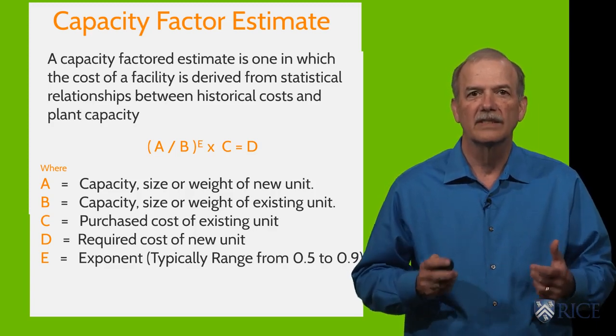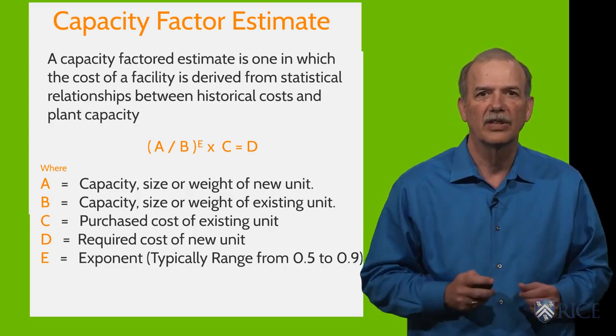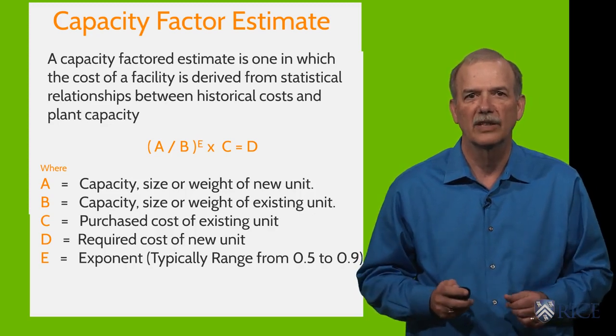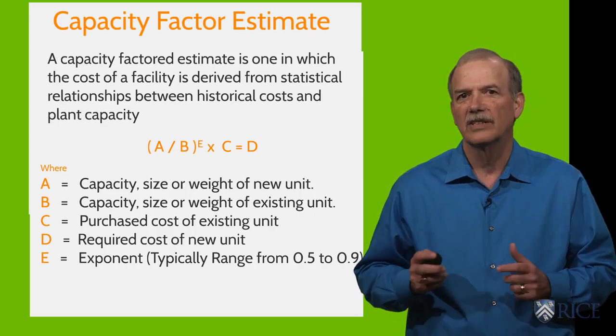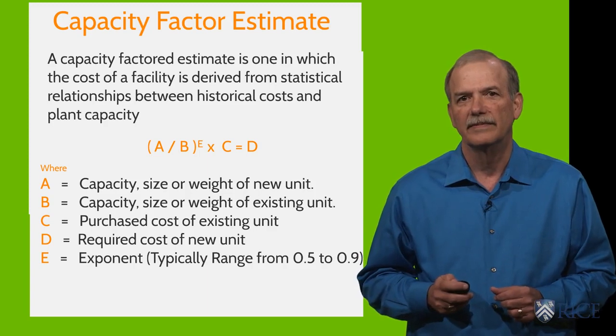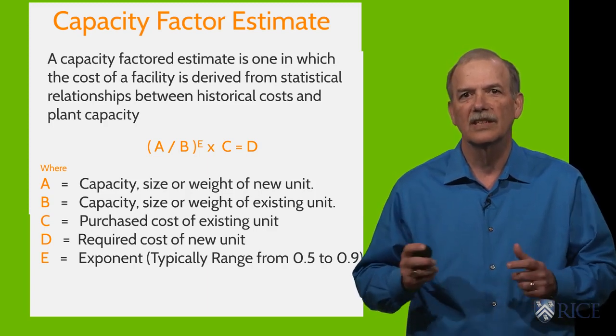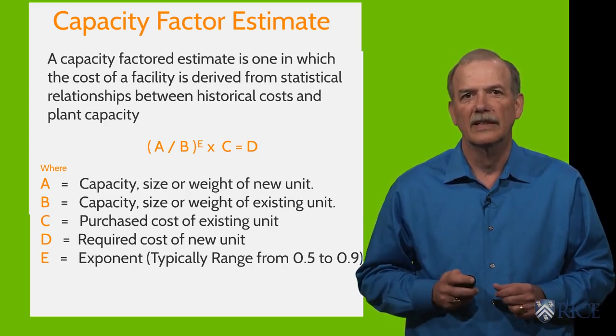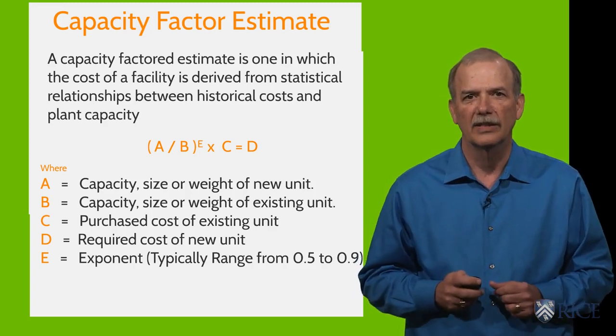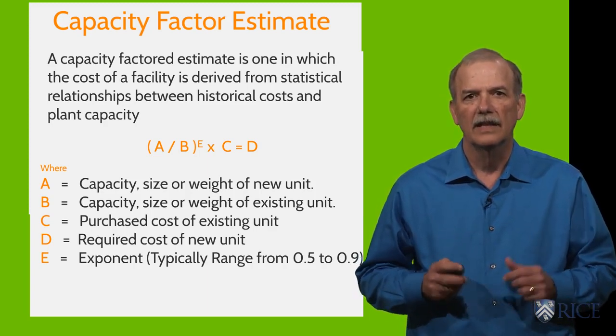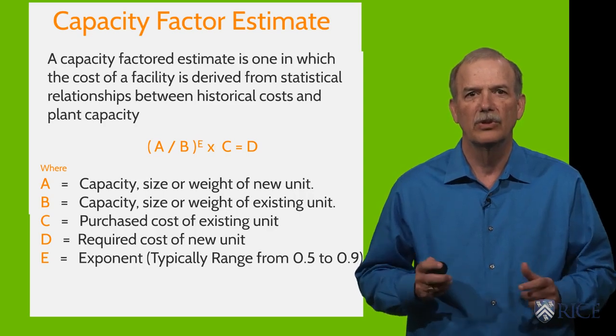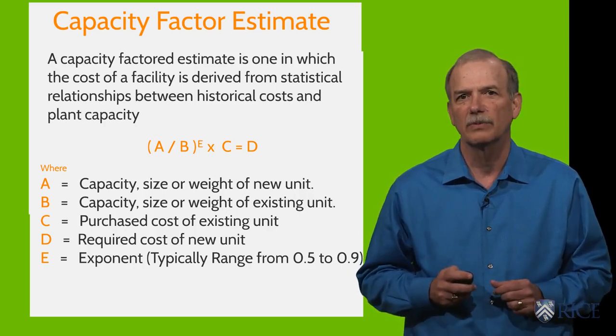To use the formula, simply divide the capacity of your project by the capacity of the reference project and raise the result to the exponent E. We multiply this result times the cost of the reference project to give the estimated cost of the new project. This is a fairly simple approach, can be used for both Class 5 and Class 4 estimates as a rule.